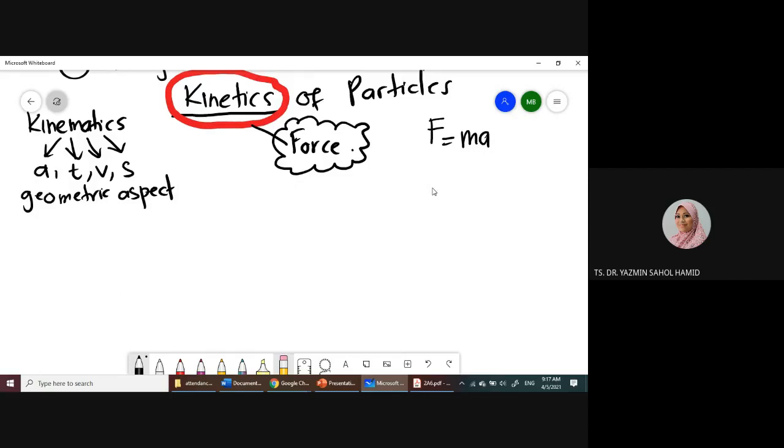So basically, let me write down what kinetics means, so that you can copy and remember.